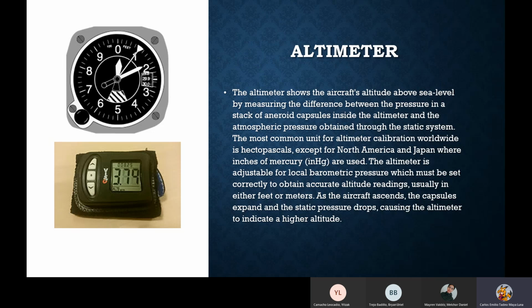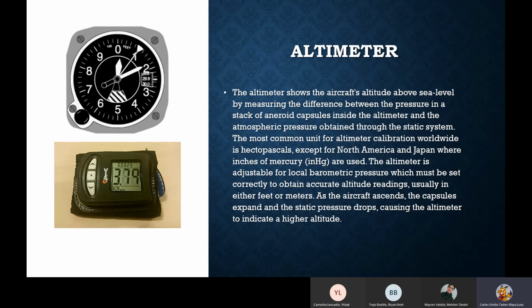The altimeter shows the aircraft's altitude above sea level by measuring the difference between the pressure in a stack of aneroid capsules inside the altimeter and the atmospheric pressure obtained through the static system. The most common unit for altimeter calibration worldwide is hectopascals, except for North America and Japan, where inches of mercury (inHg) are used.